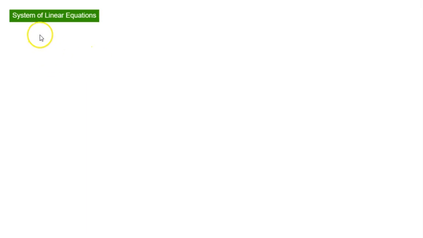Let us look at solving system of linear equations. Now, in the first session itself, while introducing matrices, I had shown you a system of two equations in two variables.